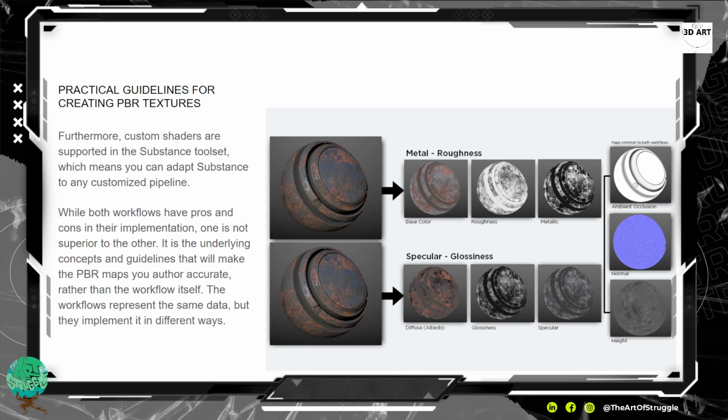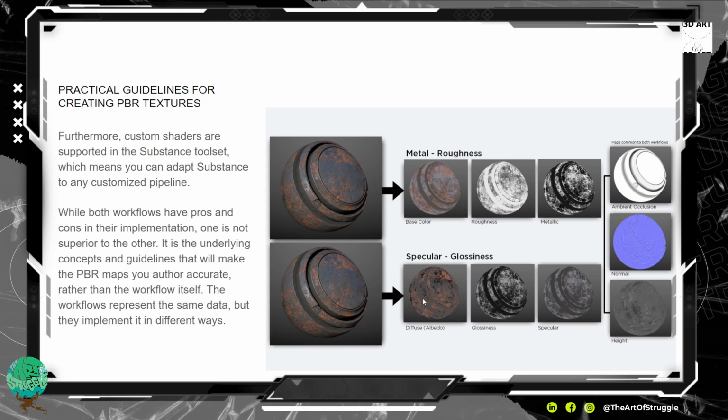I think both Unreal and Unity use both methods, but I have noticed that metal roughness looks better in Unreal than it does in Unity, but specular gloss looks better in Unity.